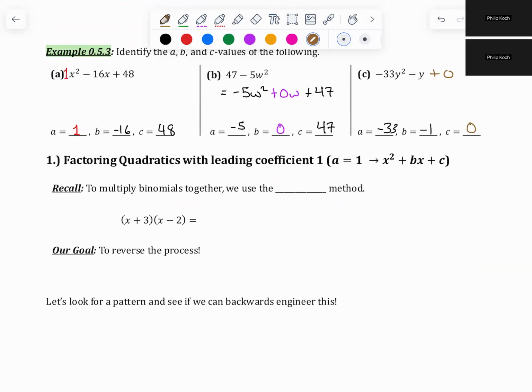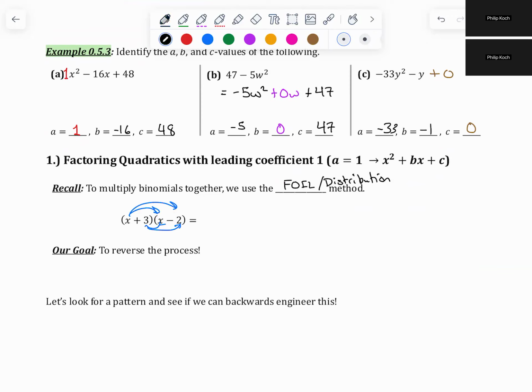Remember, to multiply binomials together, we use the FOIL method or the distribution method. That is, when we get x plus 3 times x minus 2, we FOIL it together.